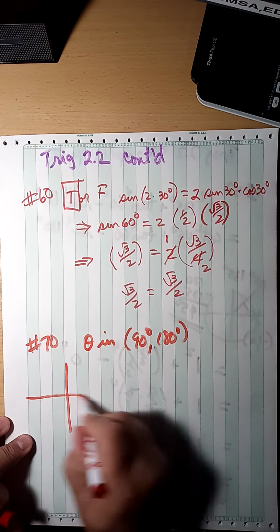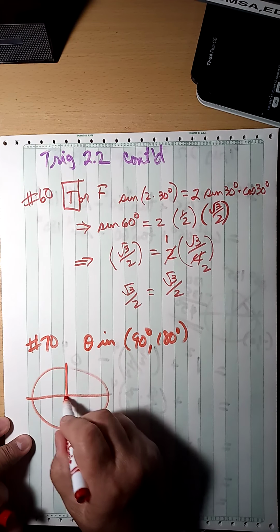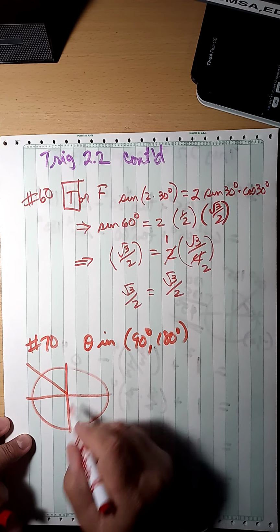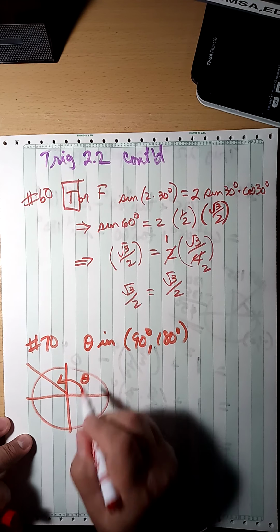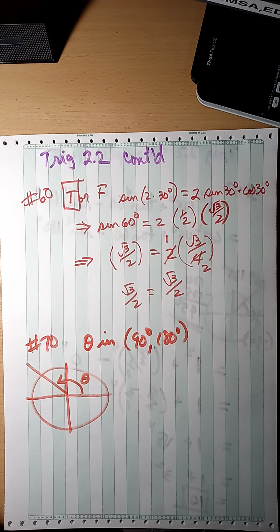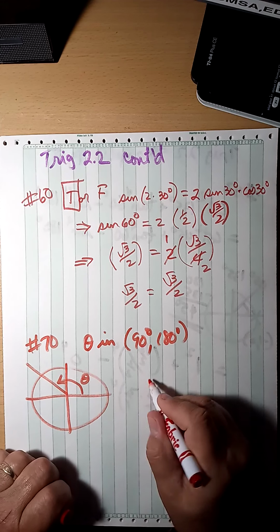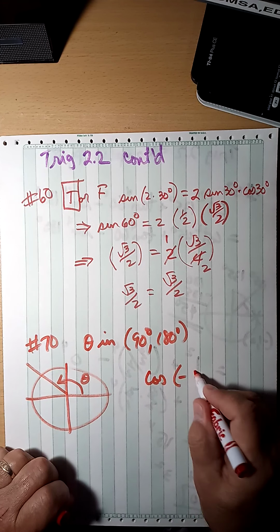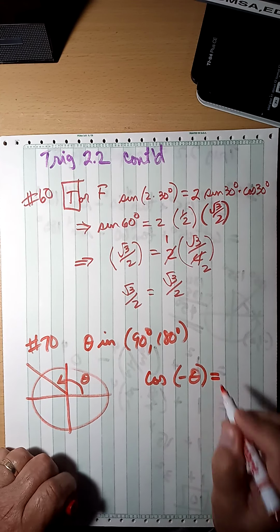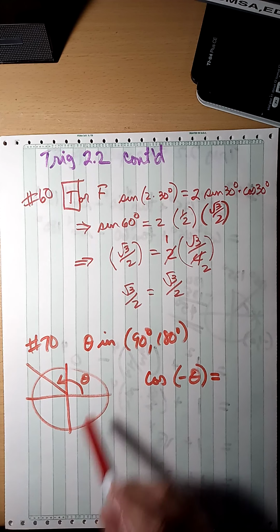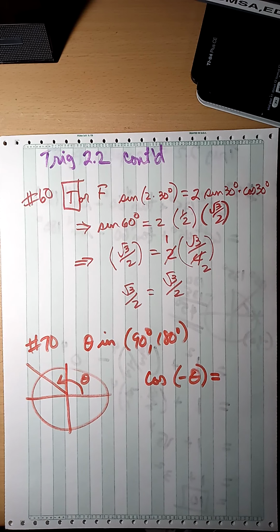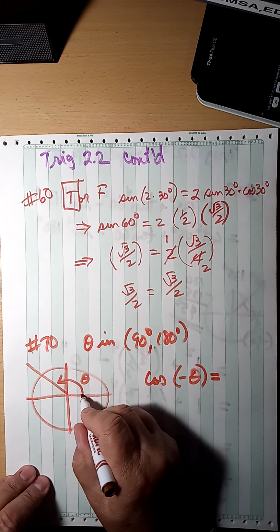In other words, theta is in the second quadrant. What is the cosine of a negative theta? Let's see. So if this is positive theta, a negative theta would be this way.